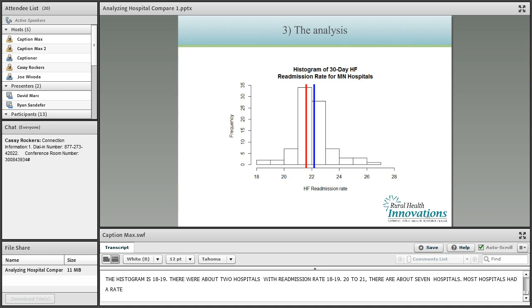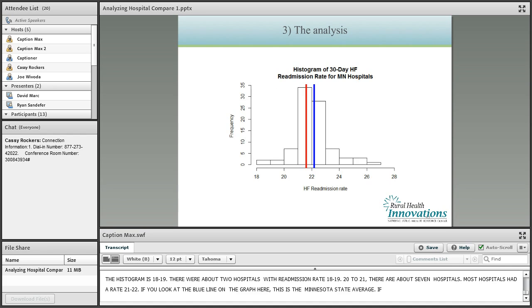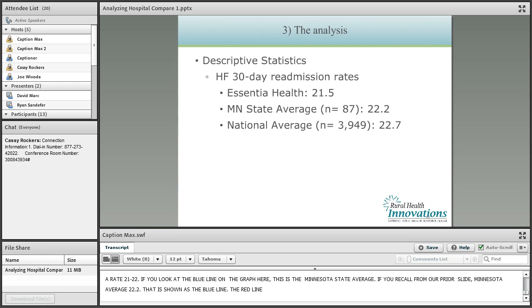I'd like to now provide you an example of an analysis. This is where we used some public data and leveraged it for organizational decisions. The data we used was available through Hospital Compare.